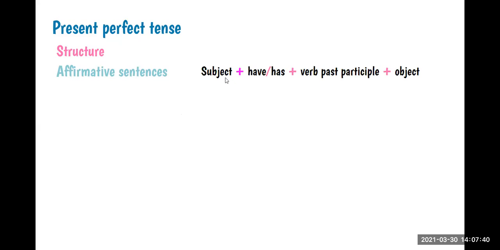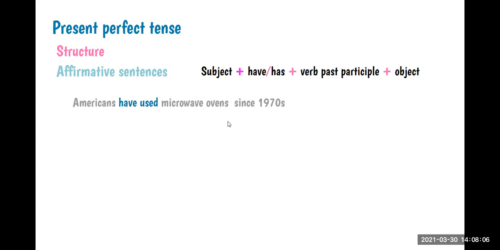And remember, when we are talking about the third person, we need to change the auxiliary verb for has, right? Otherwise, we can use have. The verb in the past participle form and then the object or the complement of the sentence, right? For example, Americans have used microwave ovens since 1970s.